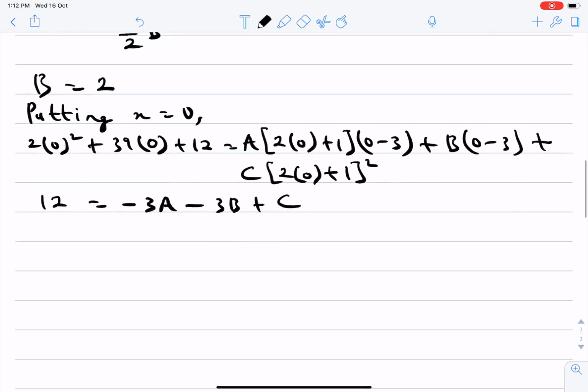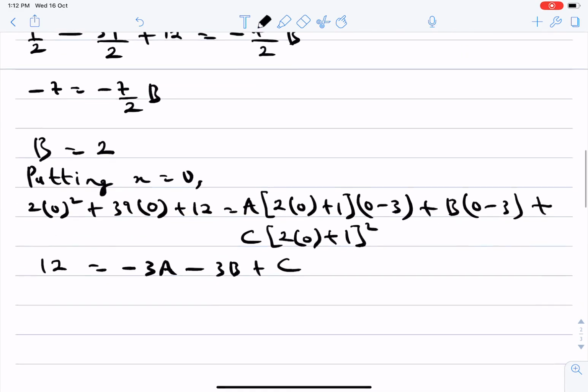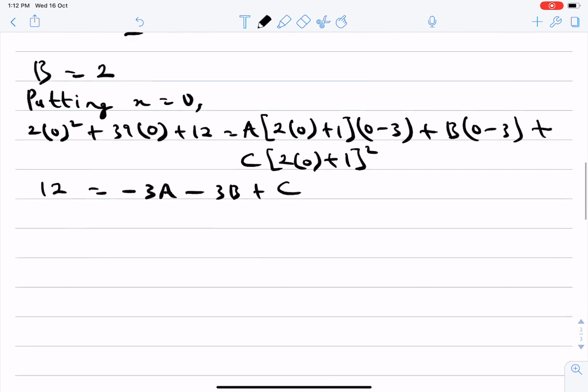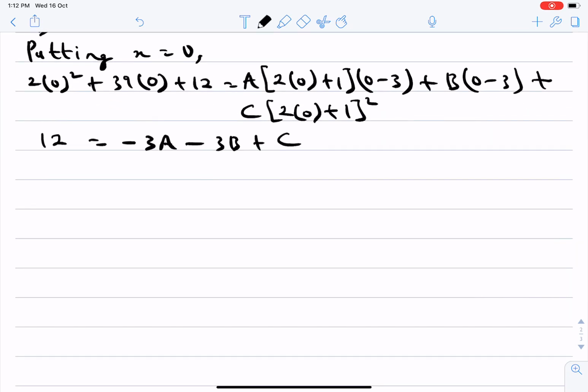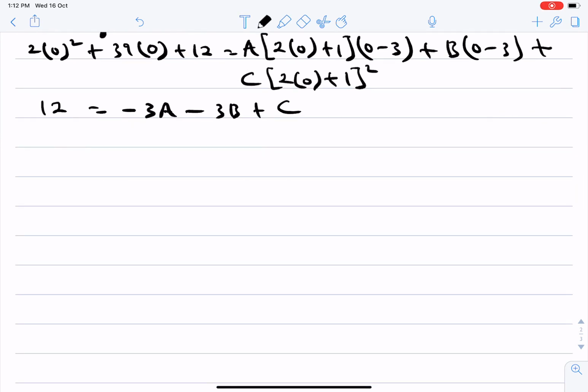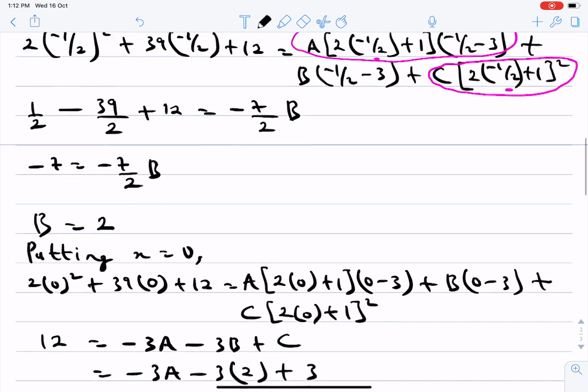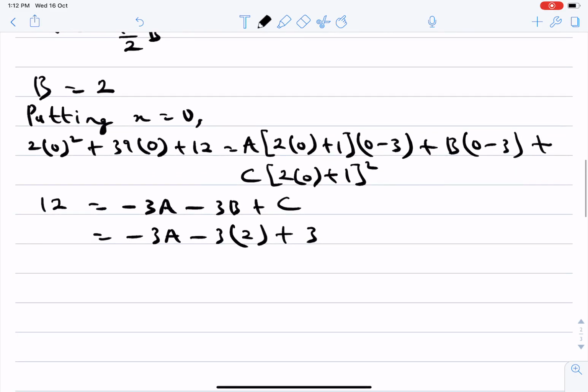And that means I know the values of c and b, so I'm substituting the values of b and c, which means 12 equals minus 3a minus 3 times b, which is 2, plus c, which is 3. B is 2 and c is 3.